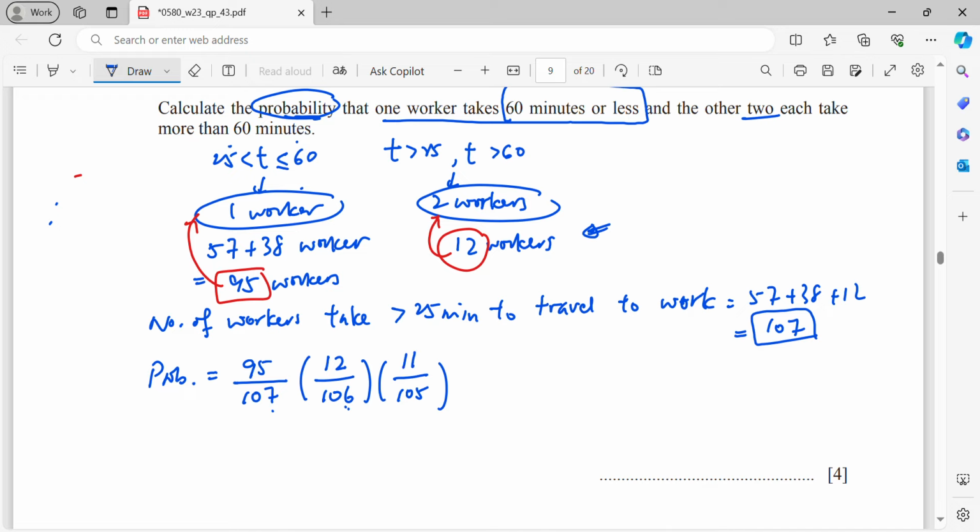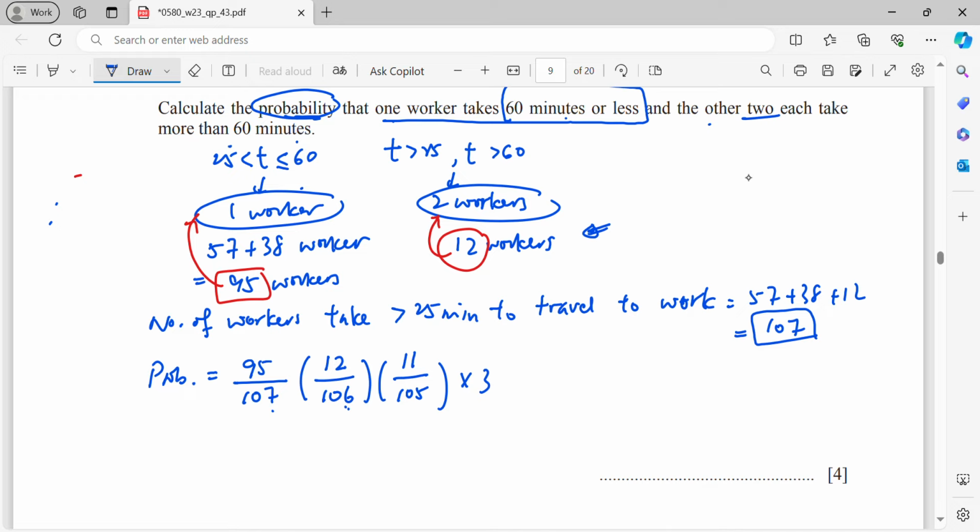Okay, now here because it's mentioned 1 worker takes 60 minutes or less and the other 2 take more than 60 minutes, now you have to consider the arrangements of this. Therefore, you have to times 3.